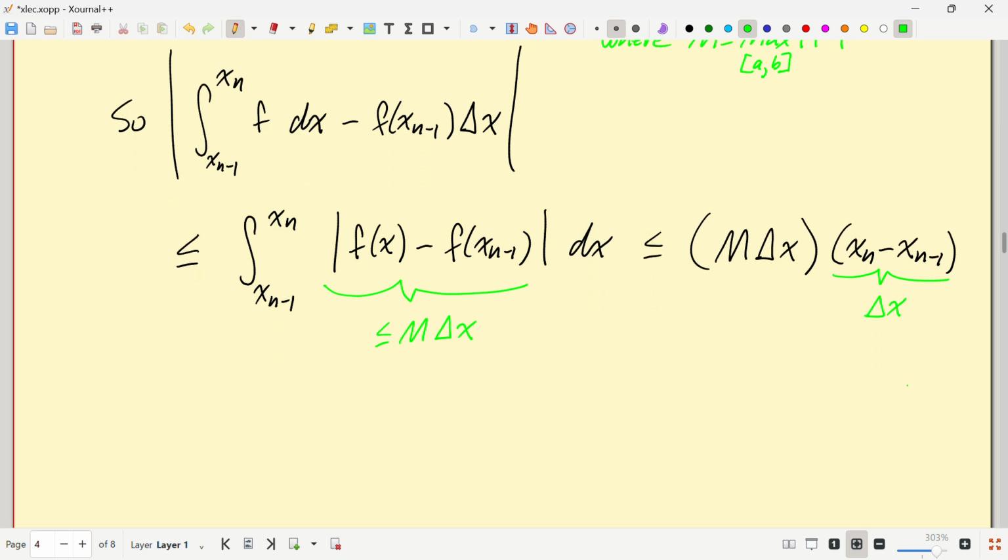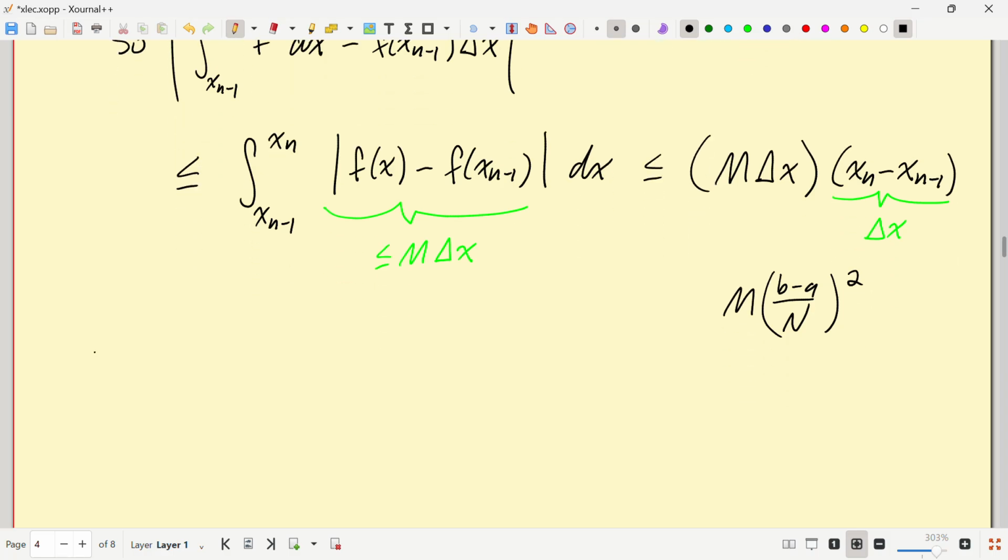And now when I add them all up, I've got, let's see, what is this thing? This thing is M times ((b minus a) over N) squared. And I've got N of those.